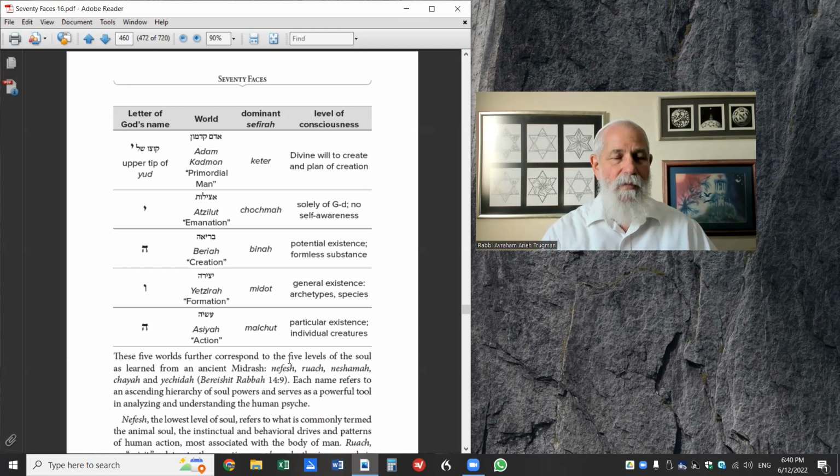But in short, what it's showing is the four-letter name of God, and now we're adding, if you look at the top row, what is called the Kotzo Shel Yud, the upper tip of the Yud. And this was very much taught and revealed by the Arizal, that the four letters of God's name have, in a sense, a hidden fifth level.